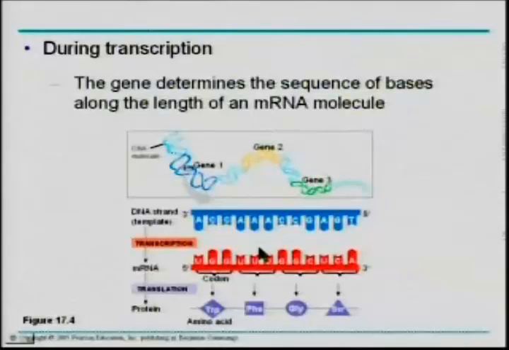And then we zoom in to look at just a small piece of a gene, the DNA strand, the template strand, notice 5' to 3', and transcription occurs producing mRNA that is actually the complement to the DNA strand, and also, of course, other than having a different sugar, the ribose rather than deoxyribose, you find T in the DNA, but not in the RNA.